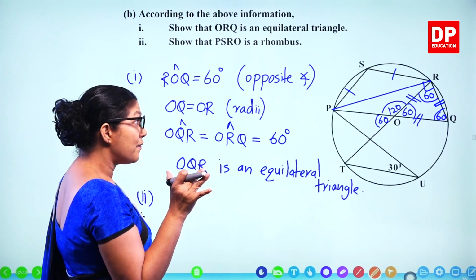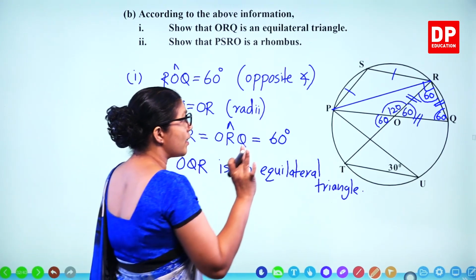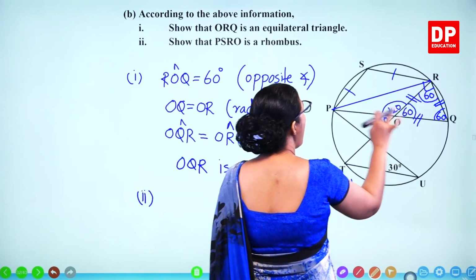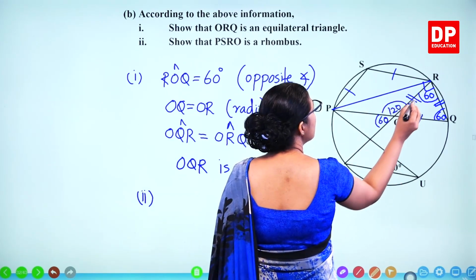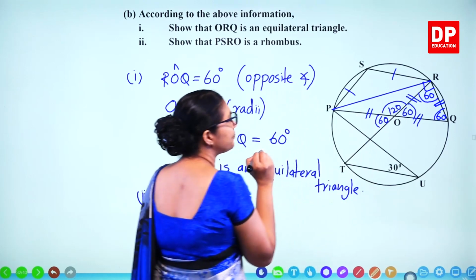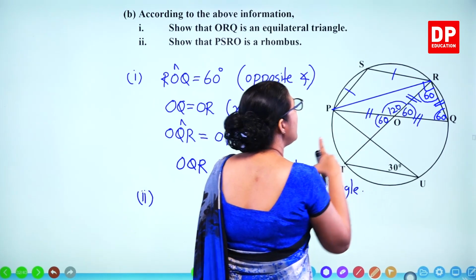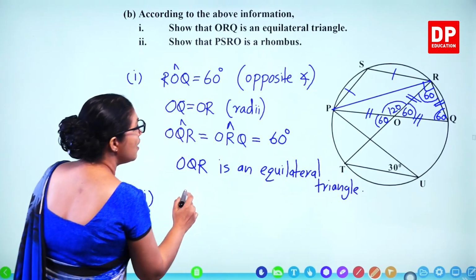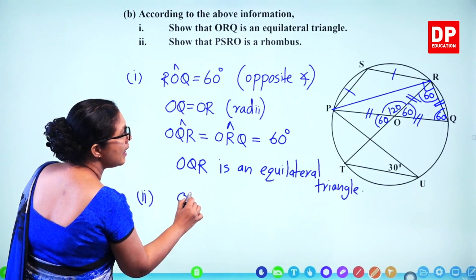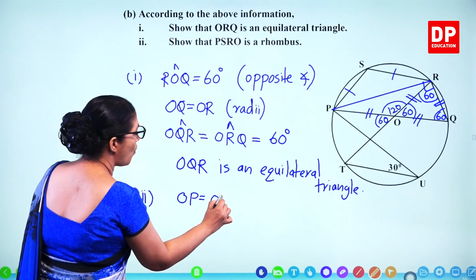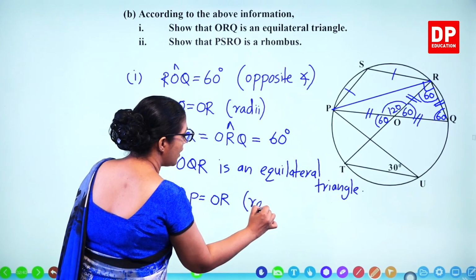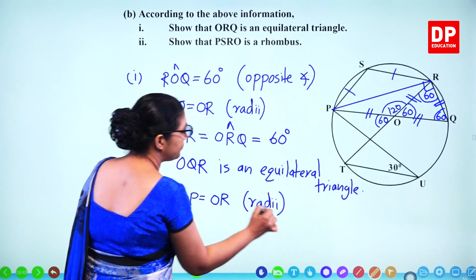So we have to show that the lengths are also equal. Now can you see OR and OP both are equal. This is equal to this one. And we'll write down OP is equal to OR because of radii. That's radii.